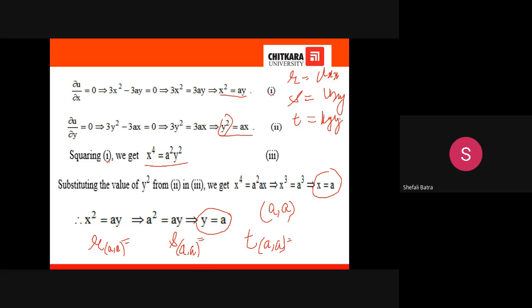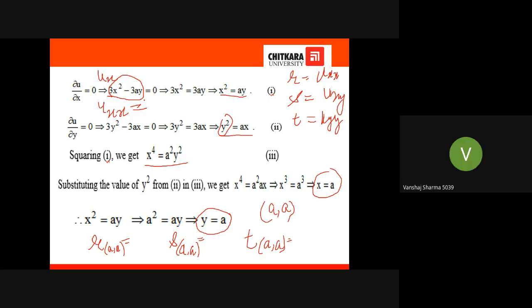Yes, ma'am. Tell me, beta, what is r? Ma'am, I am finding it right now. Find it, tell me here itself, beta. Our ux was this, probably, right? You just tell me what will be uxx. Differentiate it with respect to x. Okay. What will be the differentiation of 3x square?